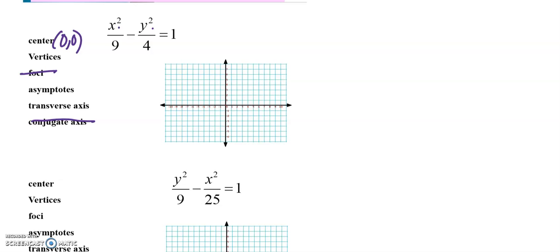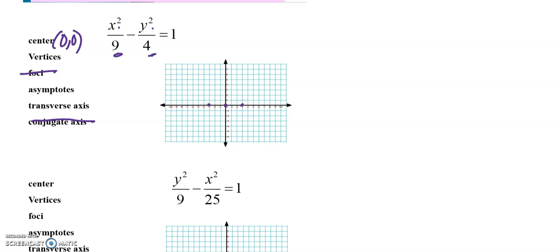Okay, so let's just start graphing. We have a center at 0, 0. Now we need to know how far our vertices are from the center, and that is being told by our denominators. If we take the square root of 9, we get 3. So along the x-axis, our vertices are 3 out.